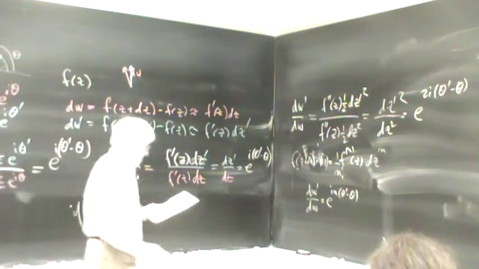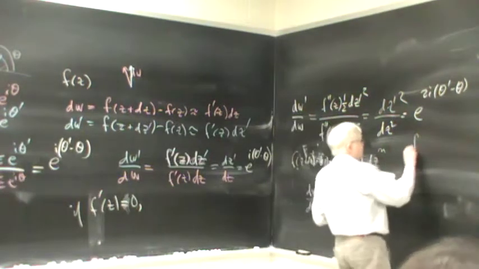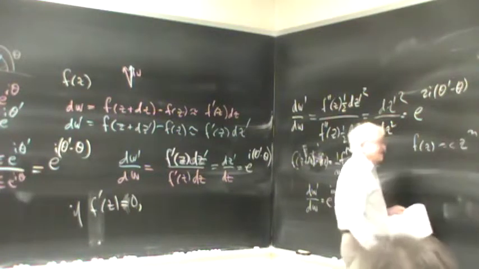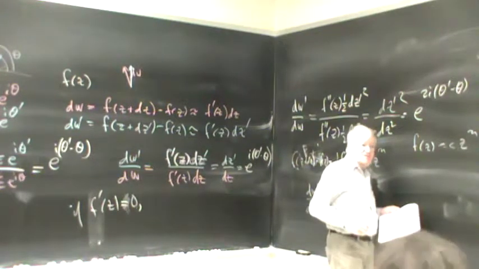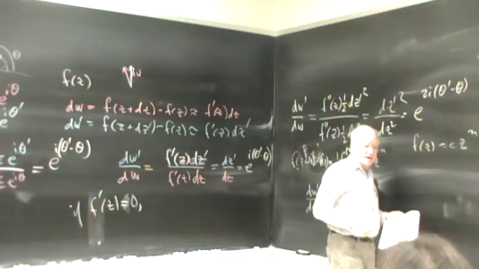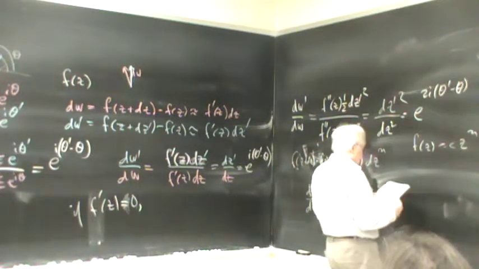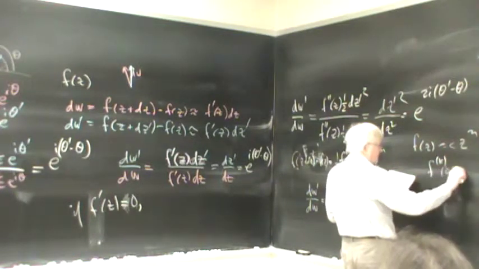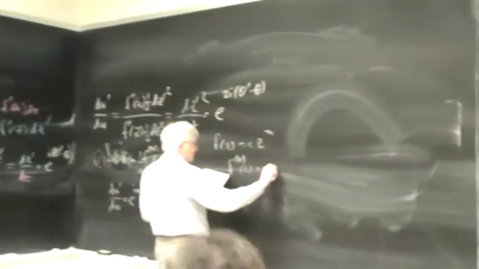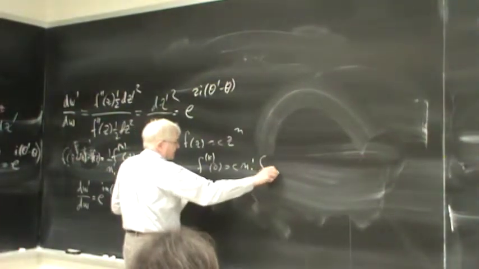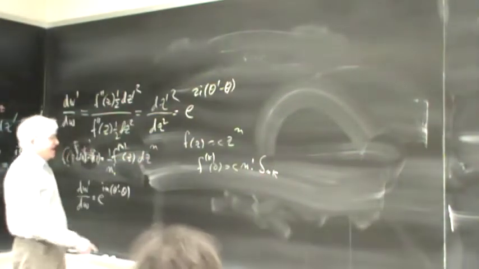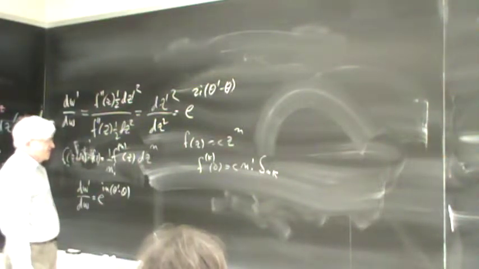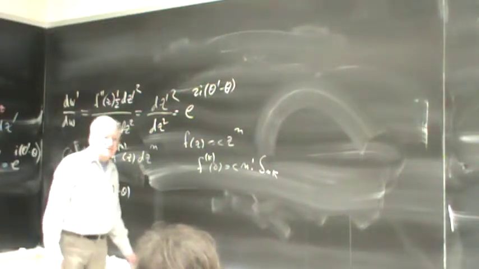Okay, so an example is f of z equal to just c z to the n. Now, at z equals 0, all the derivatives vanish up to the nth. And so f to the k of 0 is c n factorial delta nk. So if you don't differentiate enough, you just have z's left over and you get 0. If you differentiate too much, you get 0 automatically.